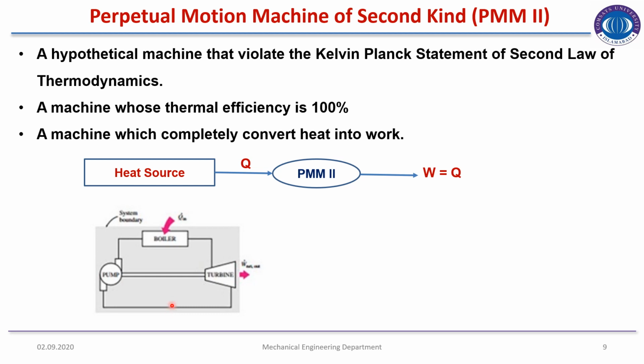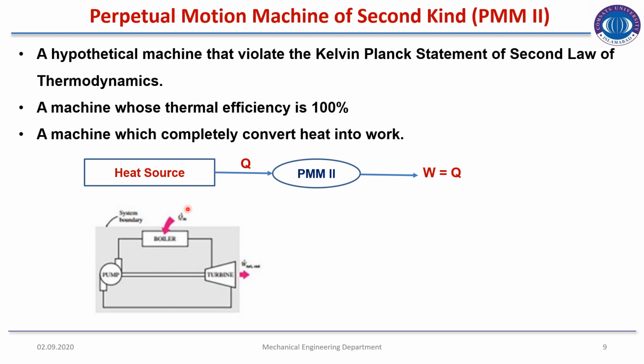In the first slide I already told you that the atmosphere is also a thermal energy reservoir, as its temperature is lower than the boiler. So in a steam power plant, the atmosphere acts as a thermal energy reservoir at a lower temperature, also known as the sink. You can see that there is no sink in this diagram.